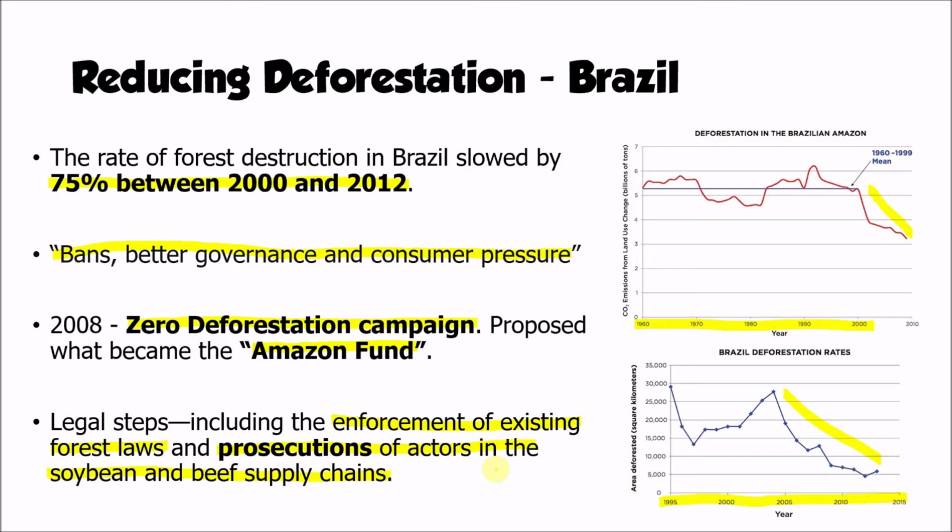So the prosecutions really cracked down on sawmills, for example, that were processing timber that came from deforested areas, or slaughterhouses that were processing cattle that had been raised on land that had been deforested illegally. So there were significant prosecutions that took place by the Brazilian government, which really cracked down on this illegal deforestation.